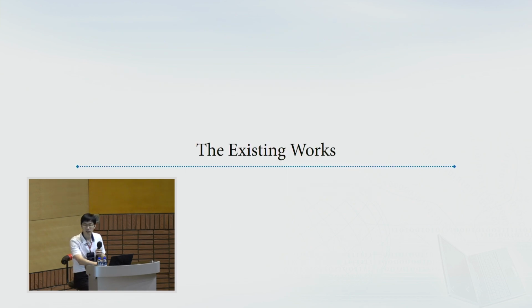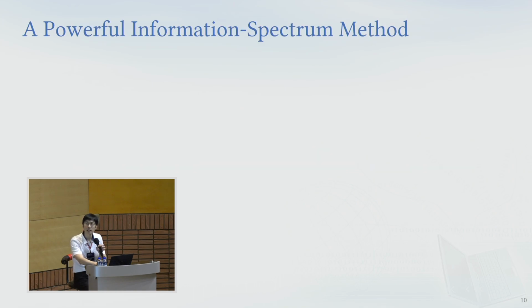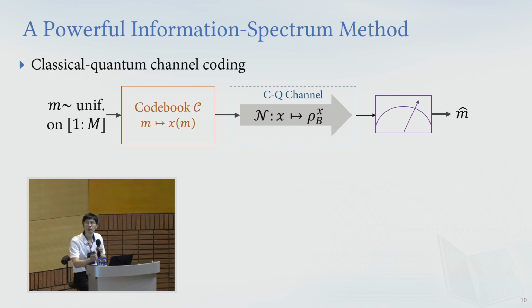Okay, so let's first see some existing work on one-shot quantum information theory. Let's consider the simplest scenario of classical-quantum channel coding, where the channel sends each classical symbol to a noisy quantum state at the output. In this case, the encoder is fully classical because the channel input is classical.